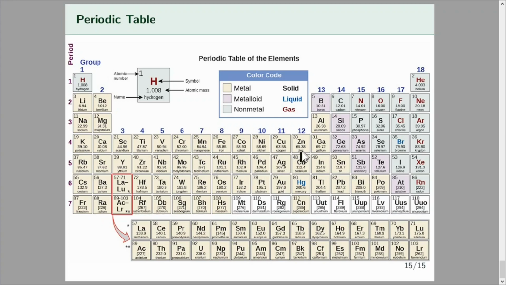Here's zinc, 65.4. And so in every one of these cases, if you want to have a mole of these, it's this many grams. A single atom weighs that many atomic mass units. A mole of atoms has a mass of that quantity in grams. And so it's pretty easy to remember.